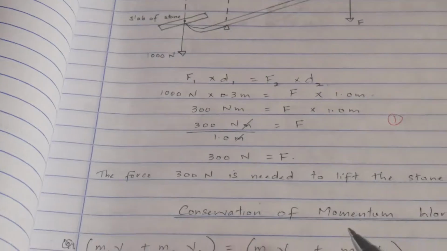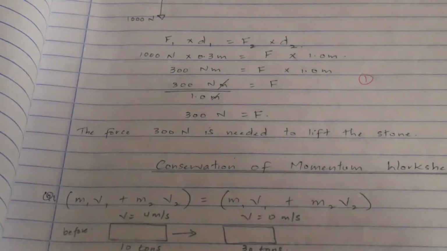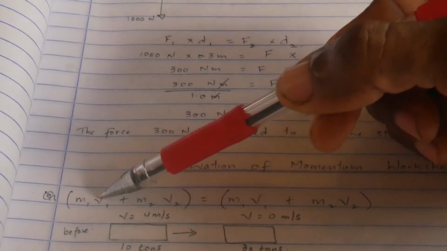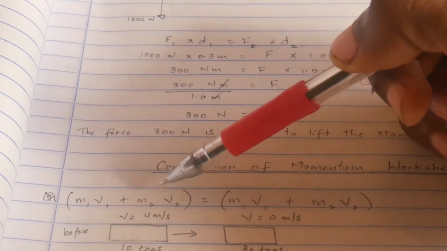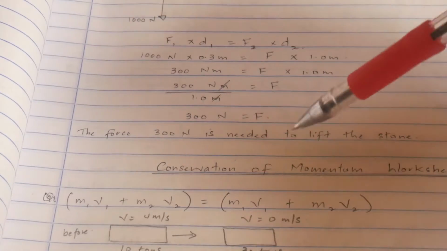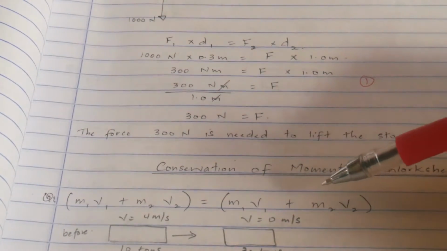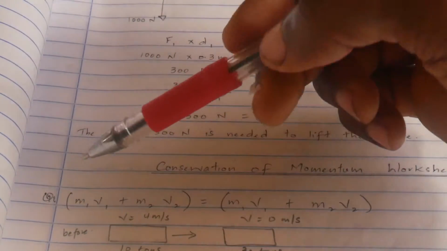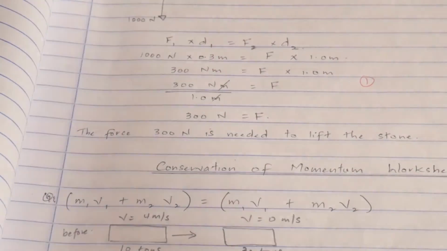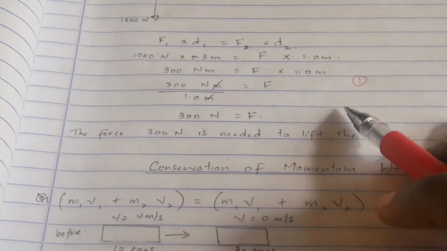Initial. For initial velocity, always use u. m1u1 plus m2u2 is equal to m1v1 plus m2v2. Well, m1, m2, whatever, but initial is always u, final always v.